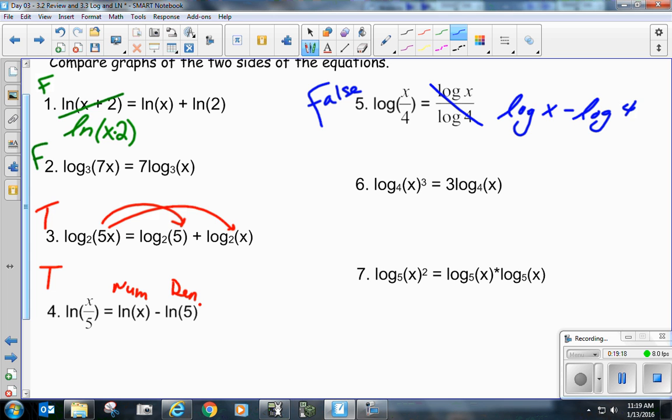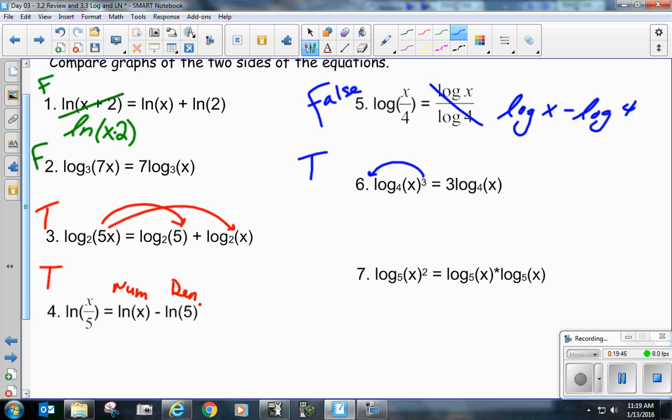Number 6. True or false? True. This is the big one we're going to use a lot. The 3 should come down as a coefficient, and it does. Number 7. What do you think? It's written differently, but is it true?